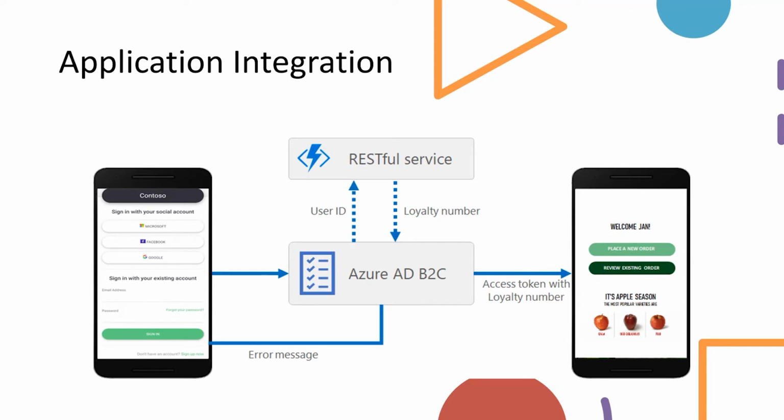One thing I should mention is that currently Azure B2C does not support group claims or role claims. So when you get a token back from B2C, it will not include, out of the box, the groups that the user is a member of or the roles in B2C that the user has.